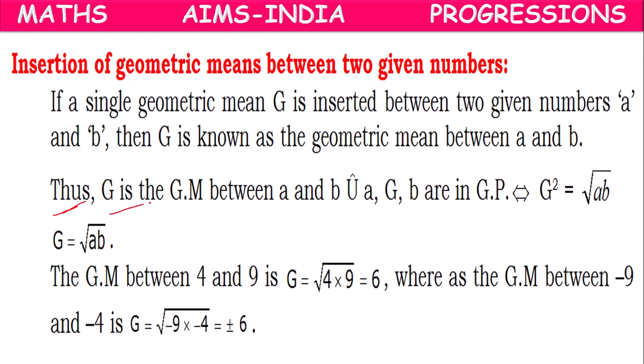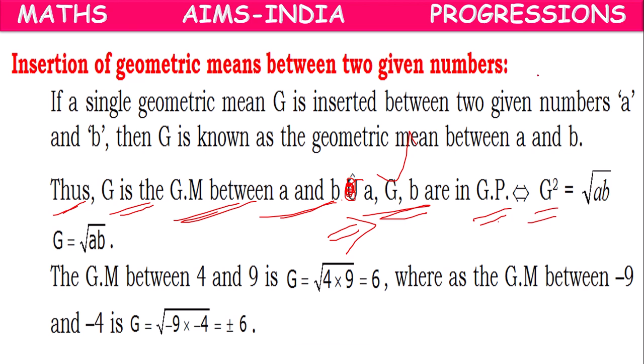So thus, G is the geometric mean of A and B, which implies A, G, B are in GP. According to the geometric mean formula, we can write G square equals AB, or G equals root of AB.